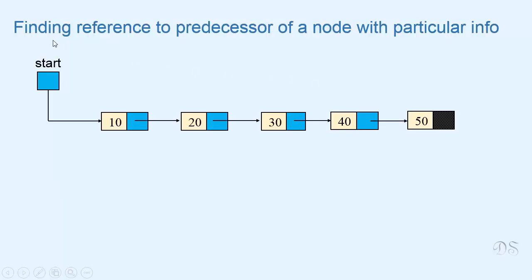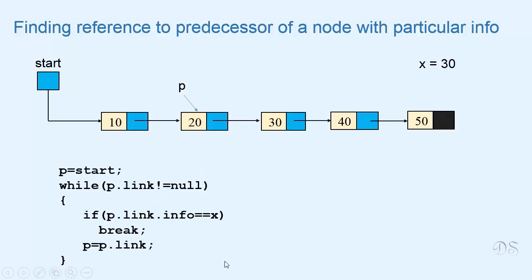Now we'll see how we can find reference to predecessor of a node with particular info. Suppose we are given this value x and we have to find reference to predecessor of the node that contains x. If value of x is 30, then in this list we have to find reference to this node, because this is the node that contains 30 and this is the predecessor of this node.